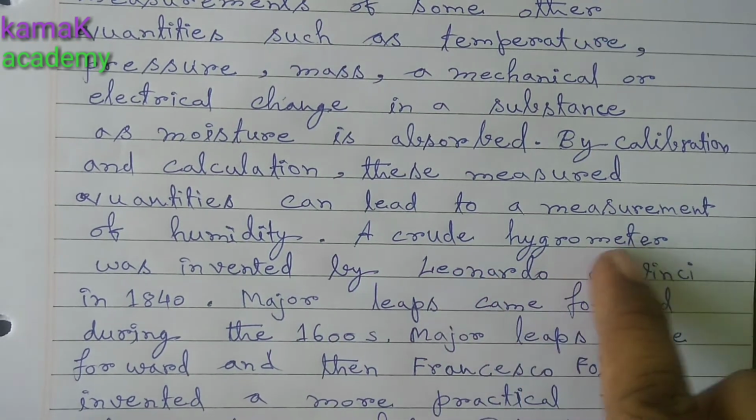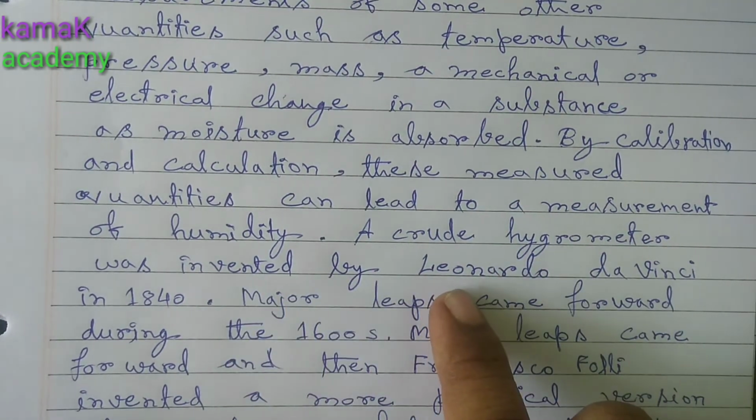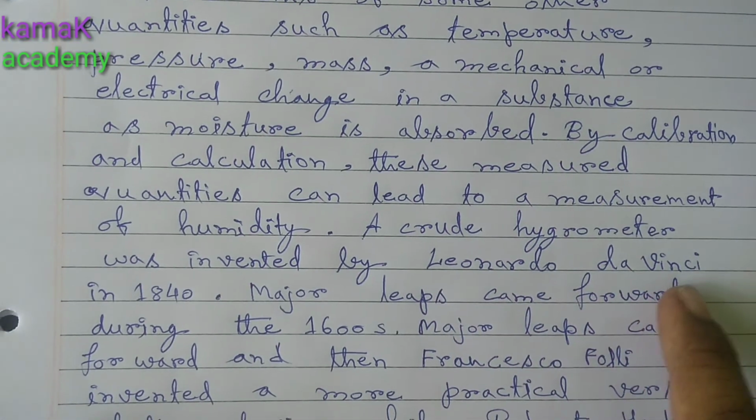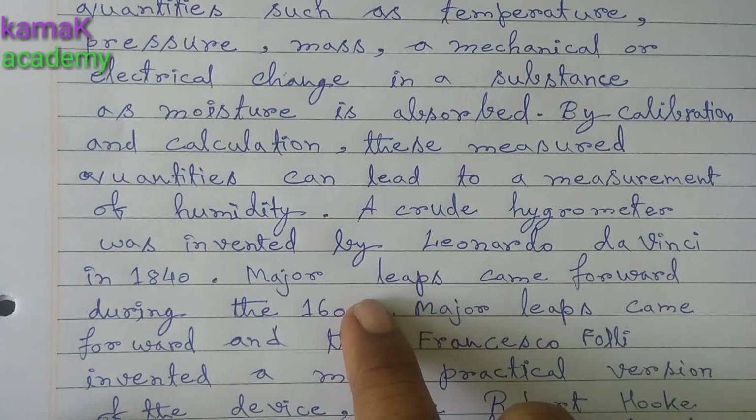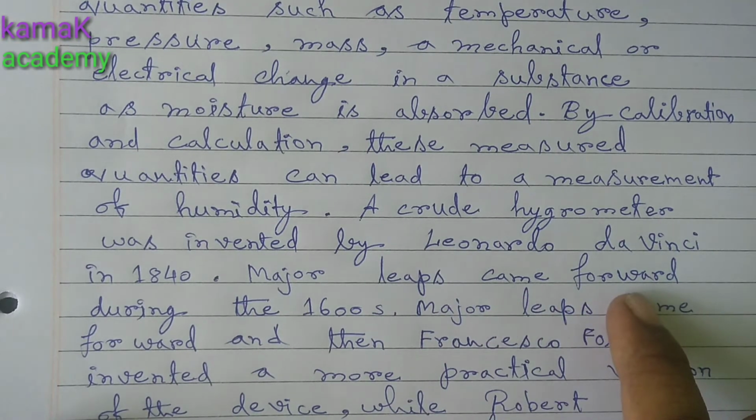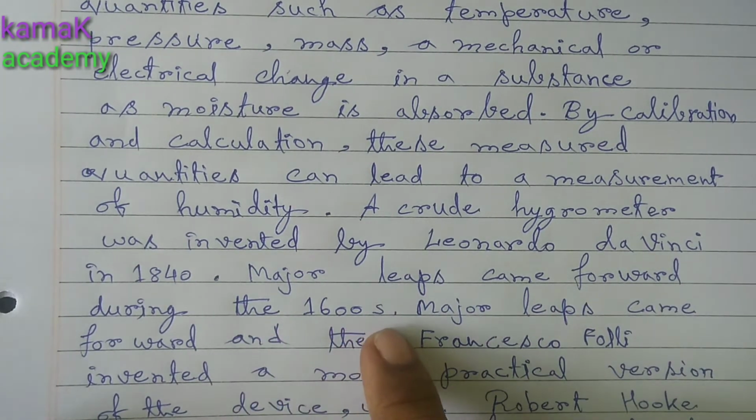A crude hygrometer was invented by Leonardo da Vinci in 1480. Major leaps came forward during the 16th century.